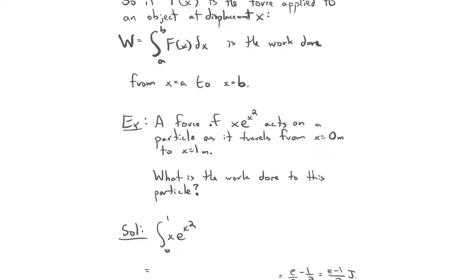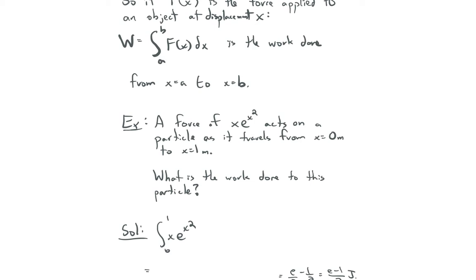And more formally, in terms of integration, if we have a force function applied over some displacement, the work is going to be the integral of that force function from location A to location B. So that's what's going on here.